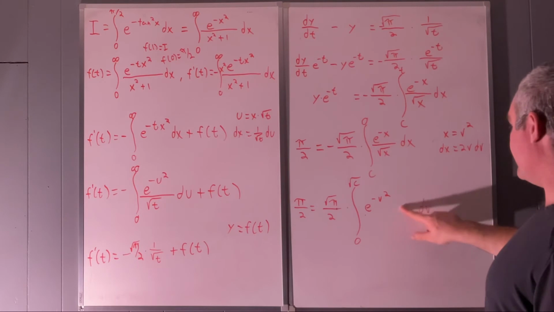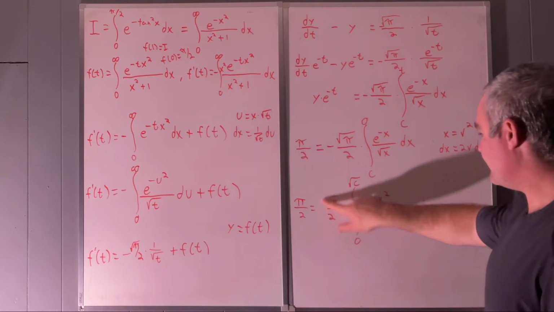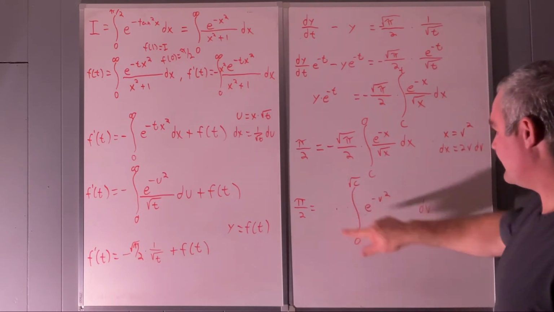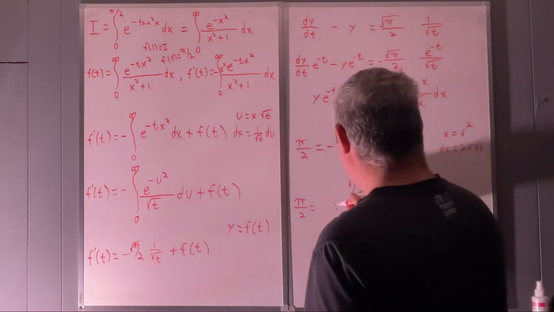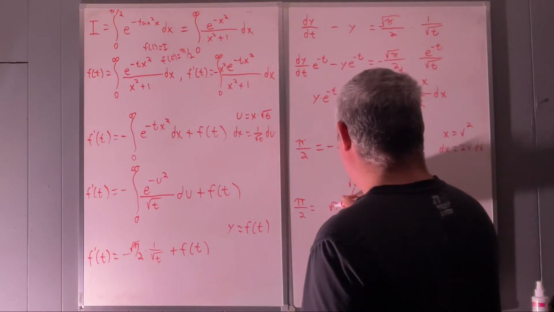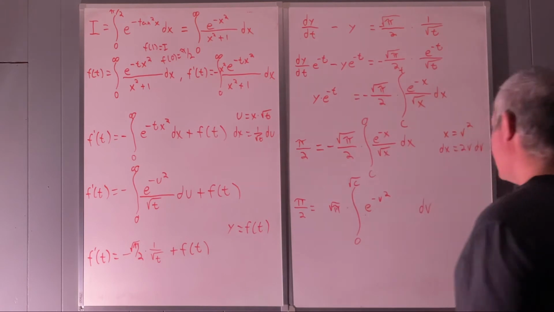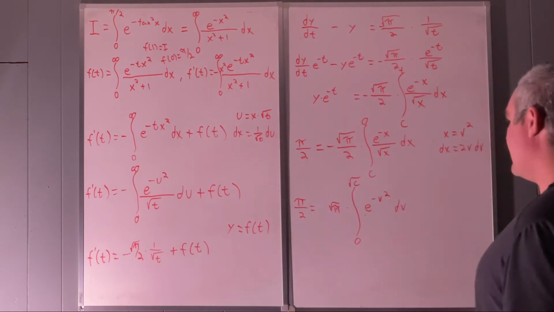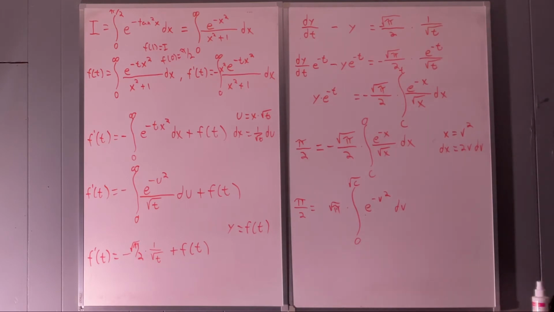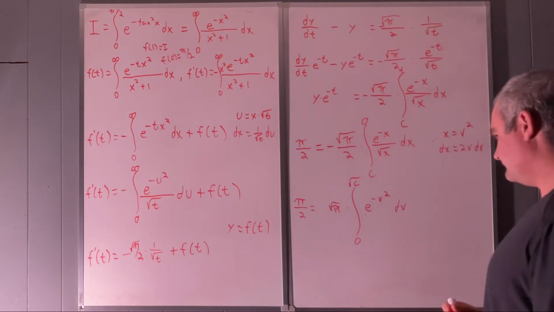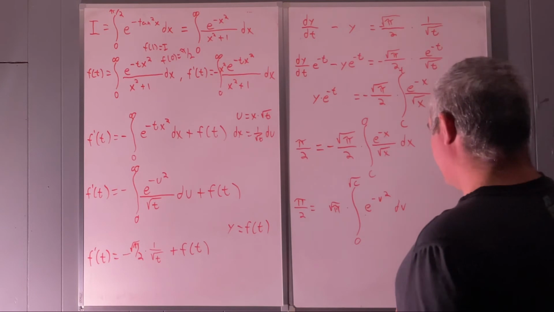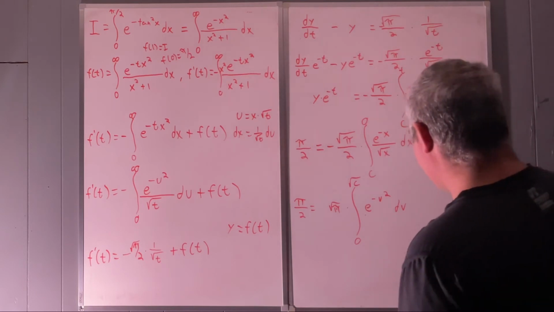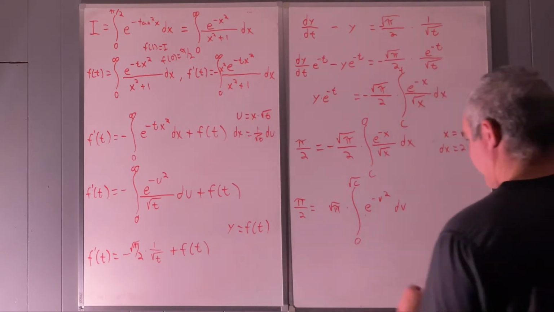This 2 and this 2 cancel, giving us just a square root of pi. Bring that dv over here. Okay. So divide both sides by the square root of pi.